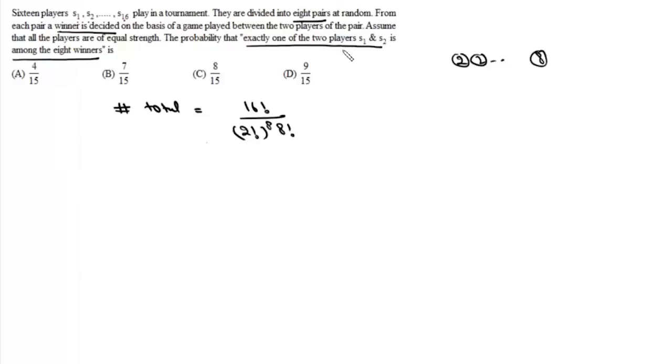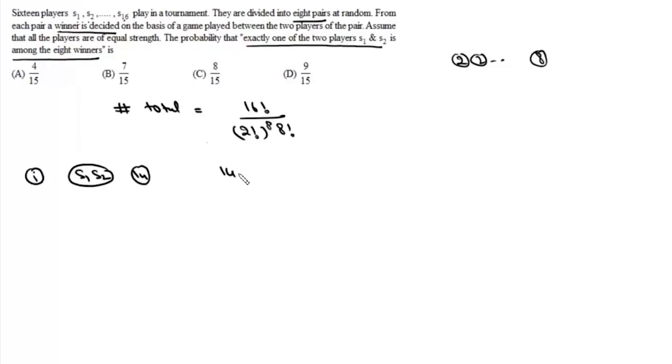Now for the favorable case, when exactly one of the two players is among the 8 winners, we have to consider two possibilities. The first possibility is when S1 is paired against S2. If S1 and S2 are paired against each other, then exactly one of them will be a winner. That means we have to distribute the remaining 14 players in pairs of 2 and 2.